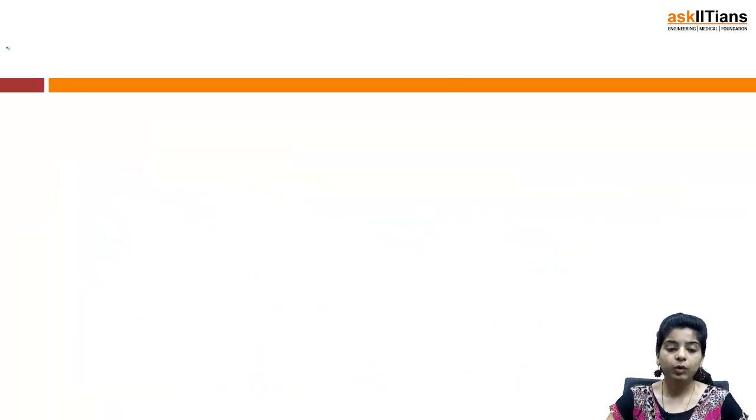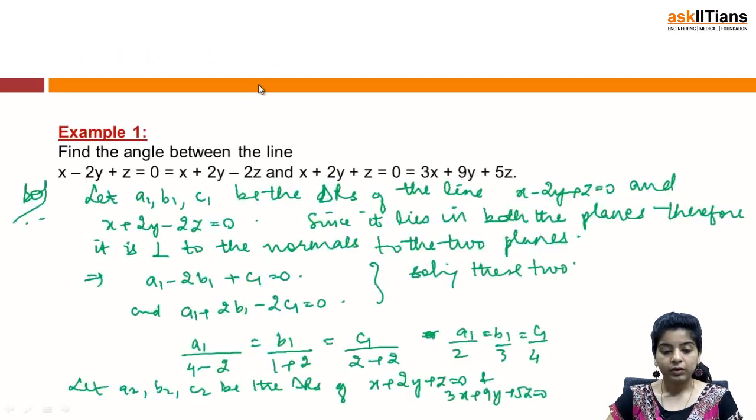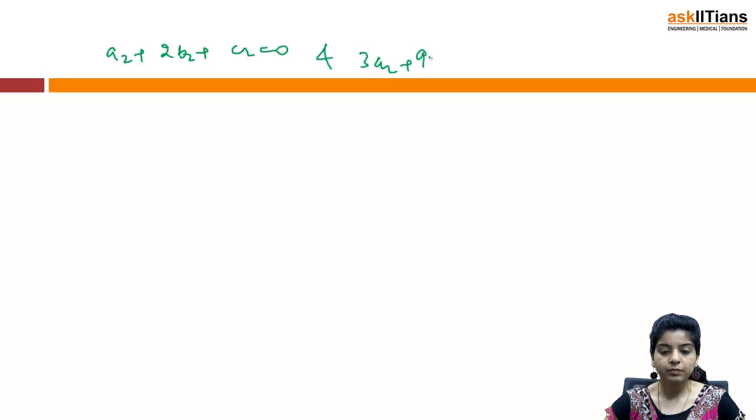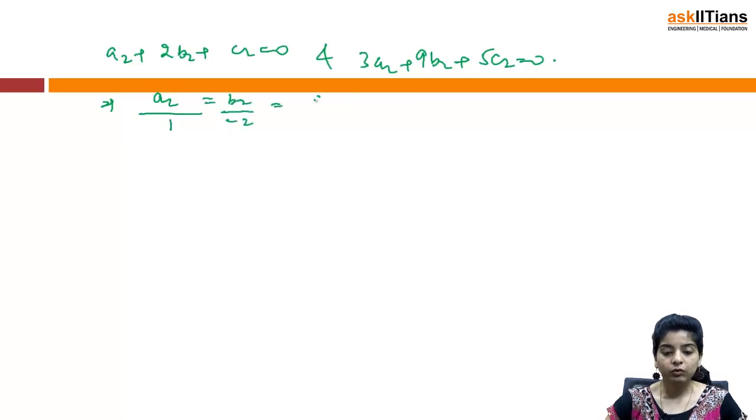Then similarly, as we found in the first set, we have a2 plus 2b2 plus c2 is 0 and 3a2 plus 9b2 plus 5c2 is equal to 0, which implies a2 by 1 is b2 by minus 2 is c2 by 3, solving on similar lines.